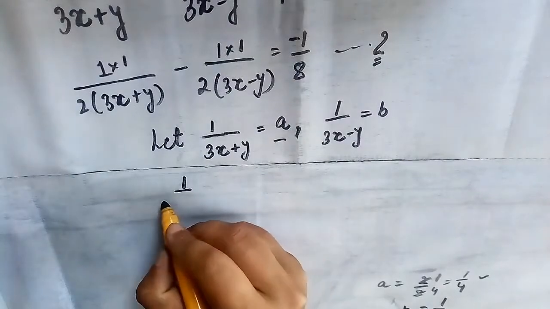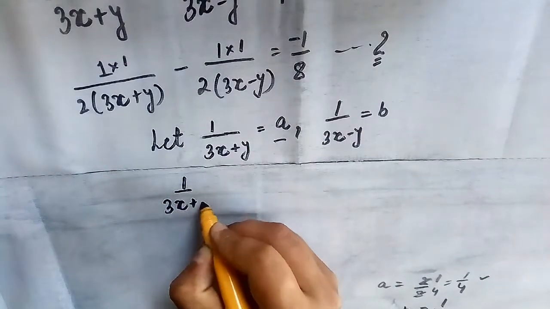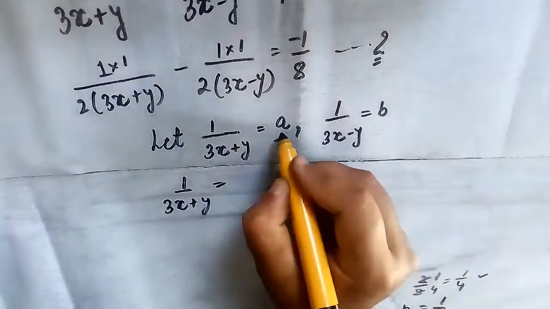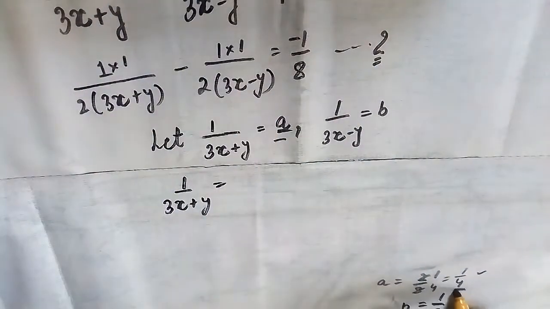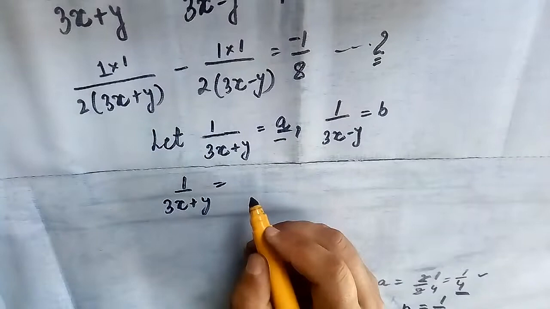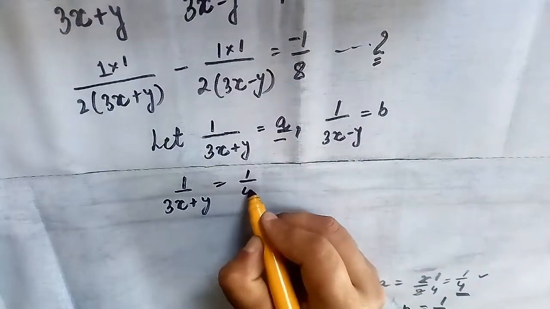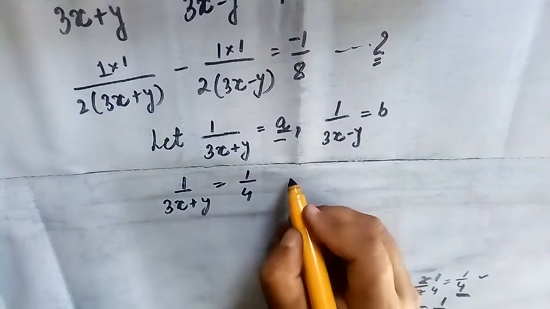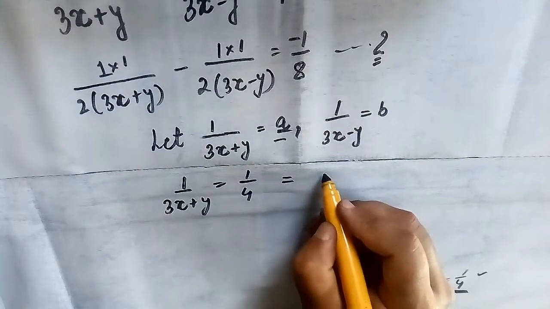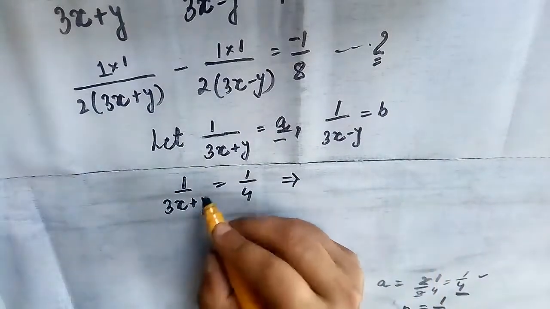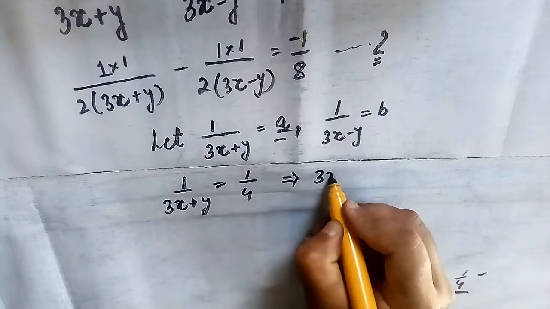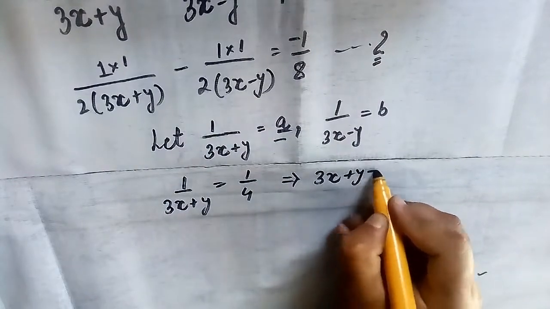So let us replace the value of a and b in our substitutions. So we took 1 upon 3x plus y equals a, which is equal to 1 upon 4. Take reciprocals on both sides. 3x plus y will be equal to 4.